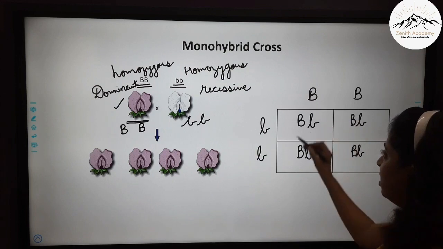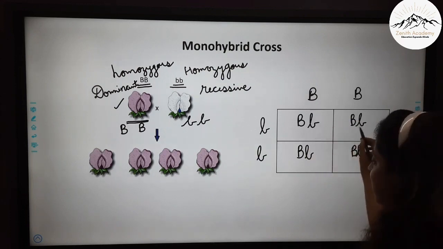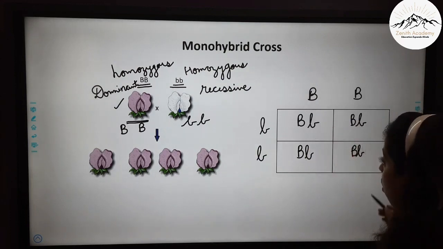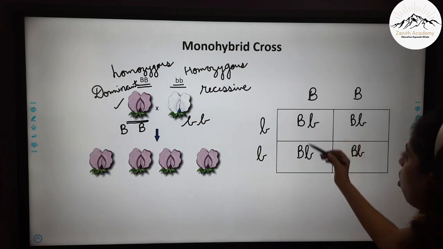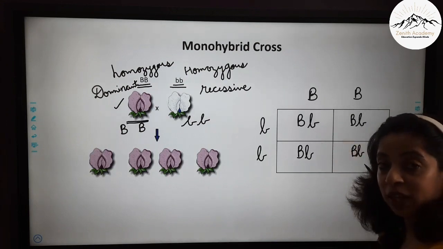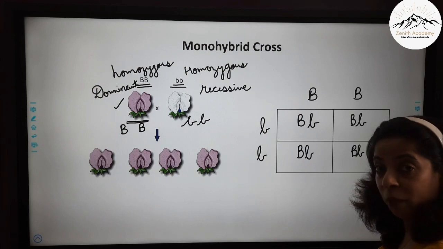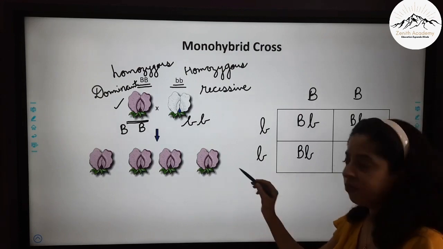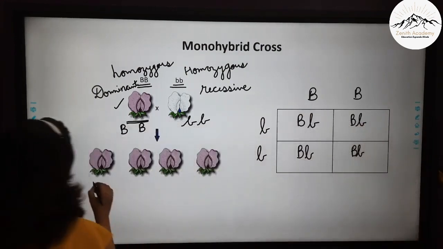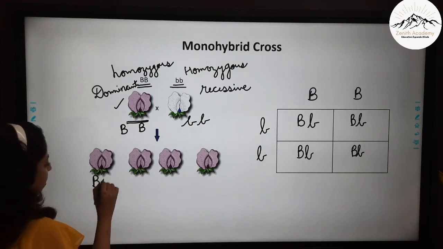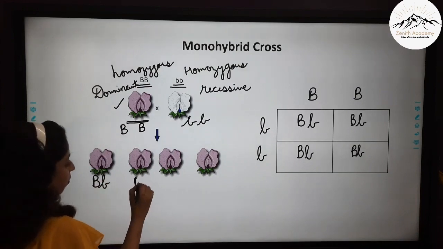So if you see the genotype, all are same. Also if you see the phenotype, in all of them, okay, purple color is dominant, one dominant character is there. So all of them become the same genotype, that is Bb.